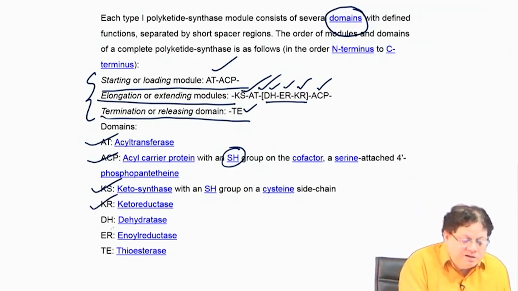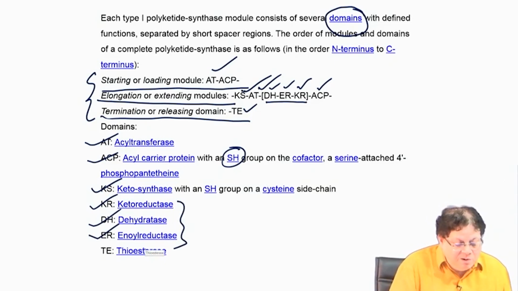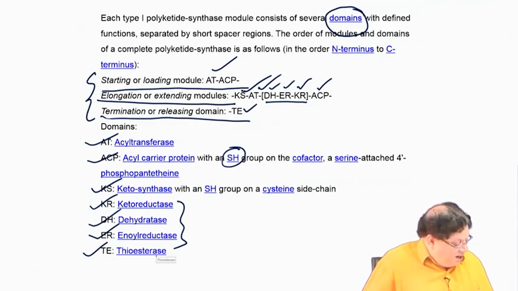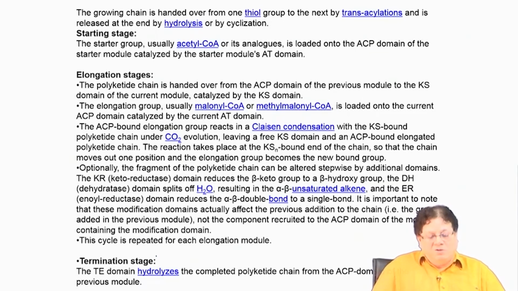Then you have a ketoreductase, dehydratase, enoyl reductase. These are not obligatory, depends on the nature of the product that the living organism wants to make, and then there is a thioesterase. So, this repeats, and then finally the thioesterase comes. So, it is not difficult at all. You can actually do retro biosynthesis. If I give a natural product, you can do a retro biosynthesis.